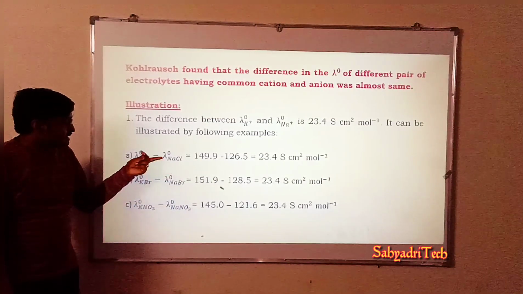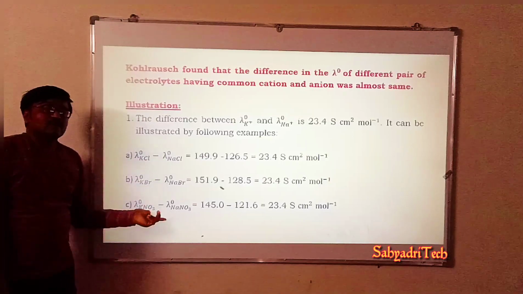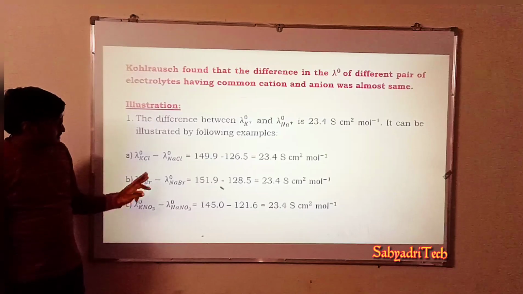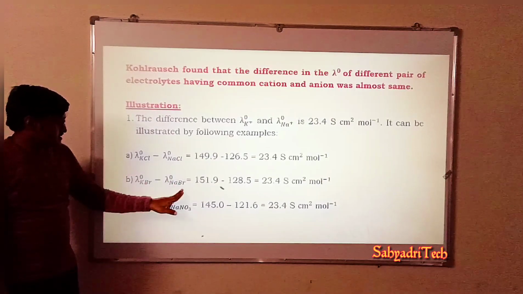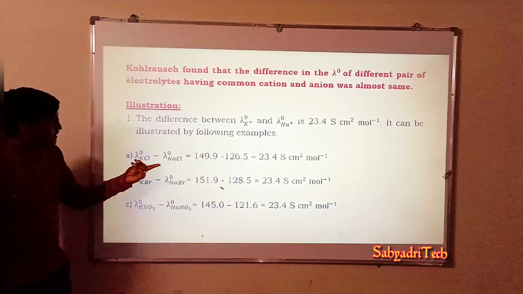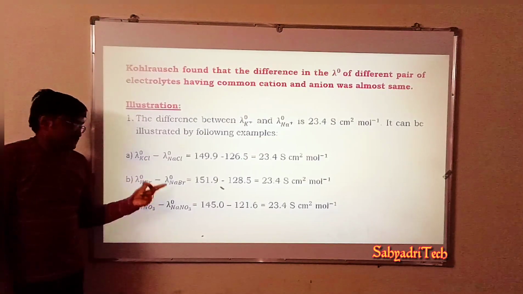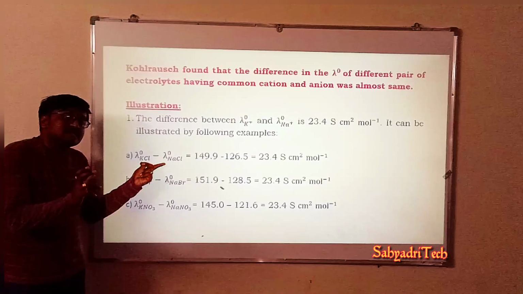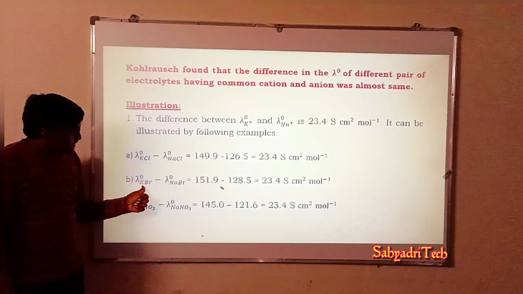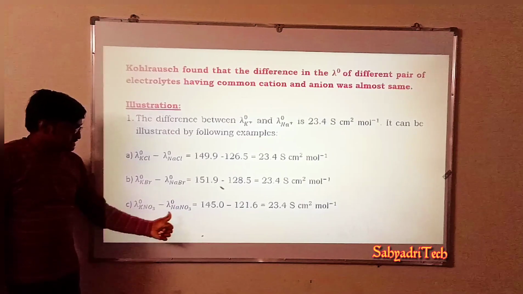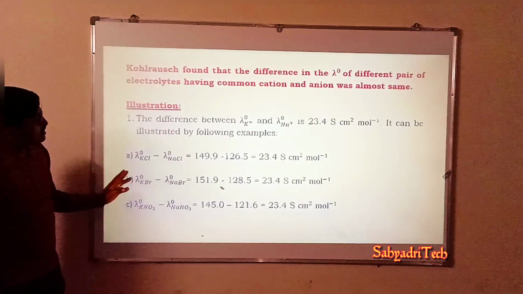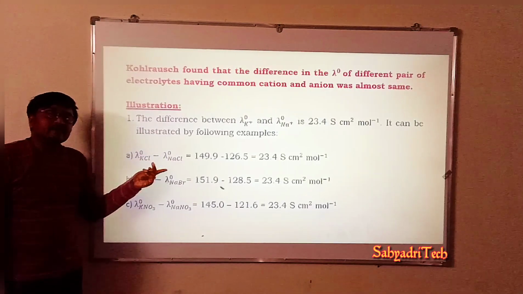So we considered three different pairs of electrolytes having common anions. Or in another way, I can say having a common set of cations, K+ Na+, K+ Na+, K+ Na+.